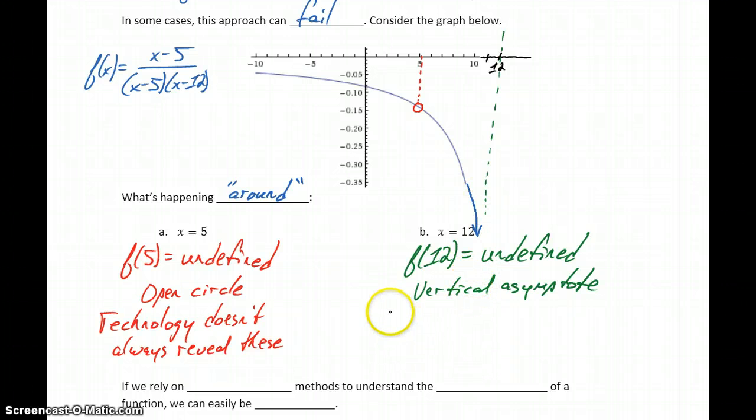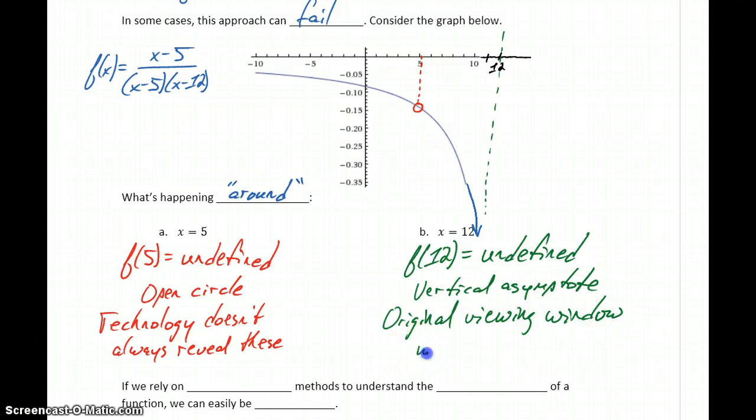So the reason that we don't see this is that the original viewing window for our graph was misleading. This in particular with the TI-83s, 84s that we'll be using in this course is going to be a problem because you have to set the viewing window every time you create a new graph.